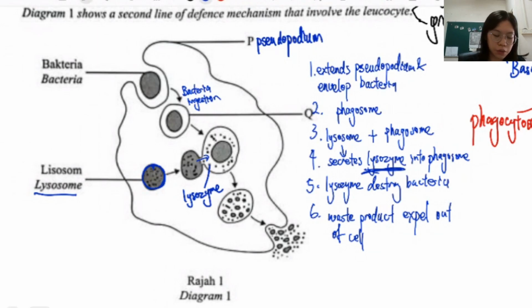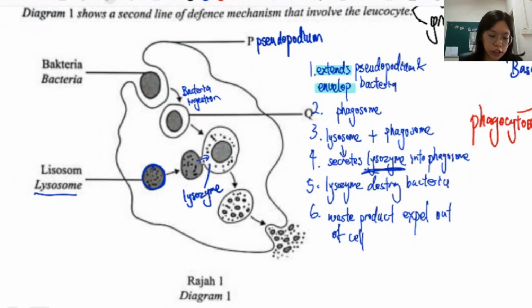The most important thing is that when they see a bacterium, no matter what type, they straight out extend the pseudopodium and envelop it.